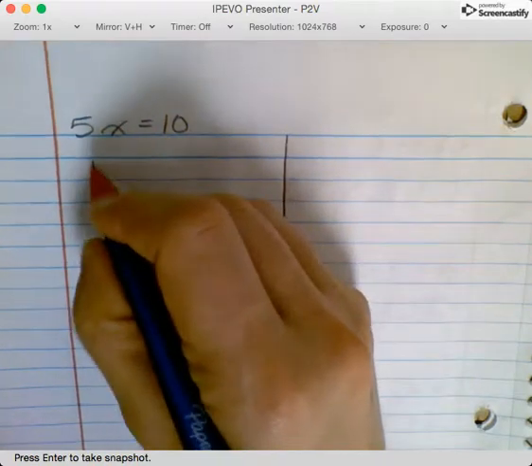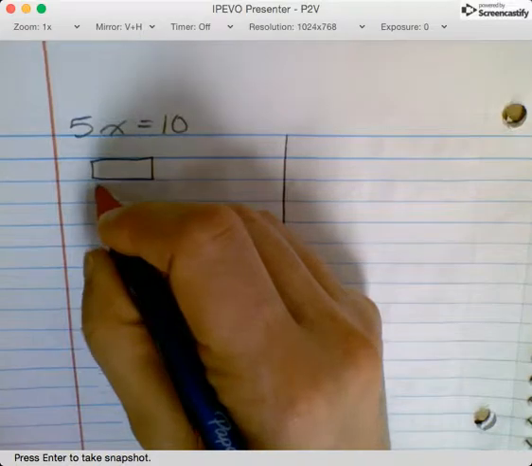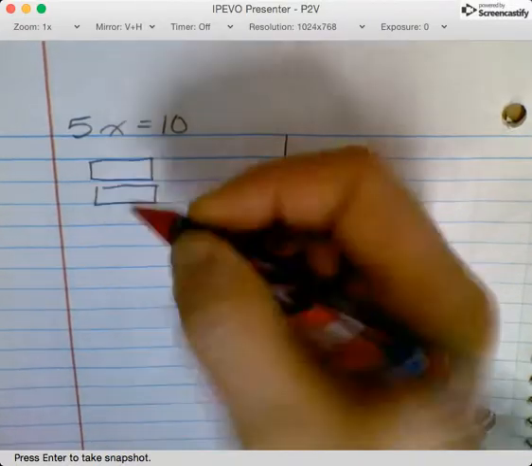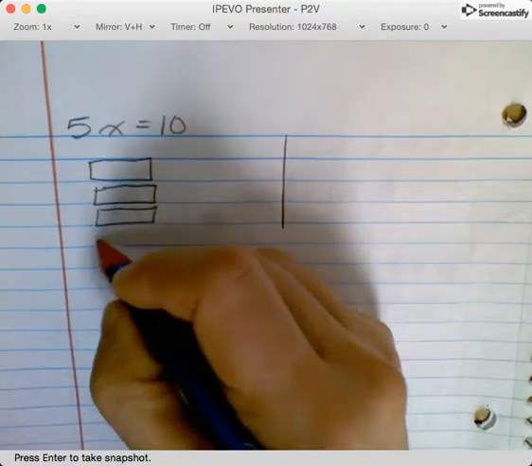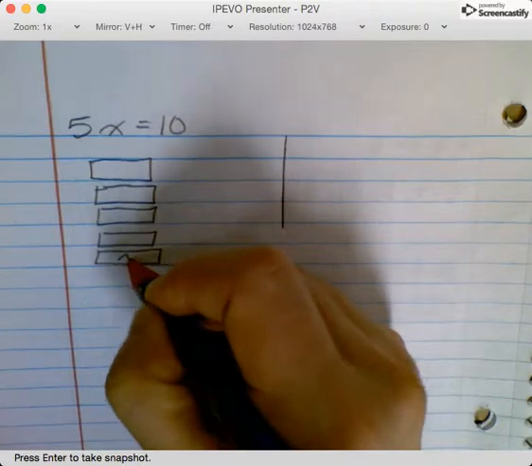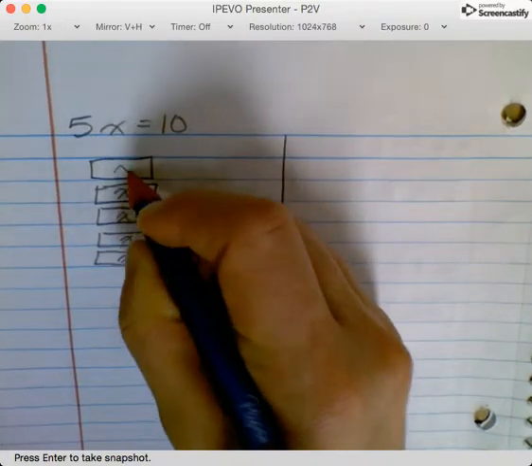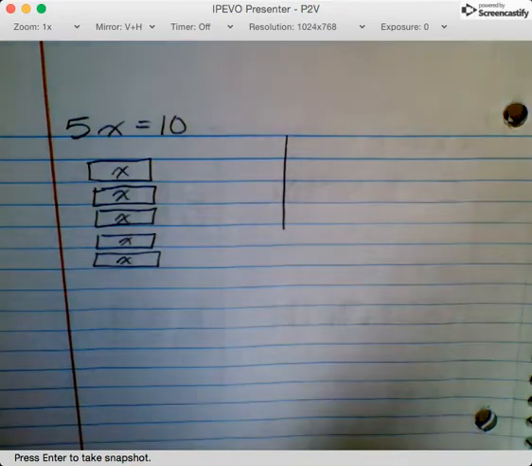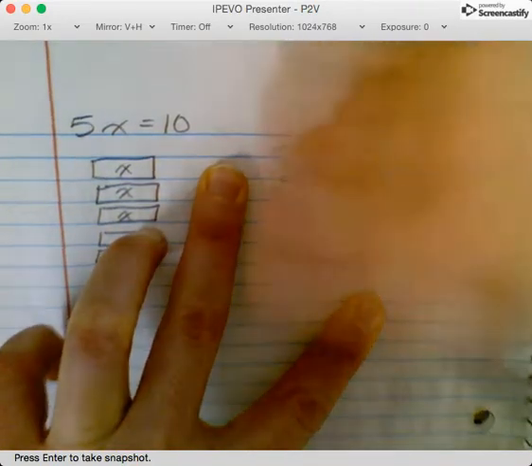In order to draw this, it's going to look basically the same as what I just showed you. I'm going to write 5x blocks, and then I'm going to erase my line and just draw an equal sign.